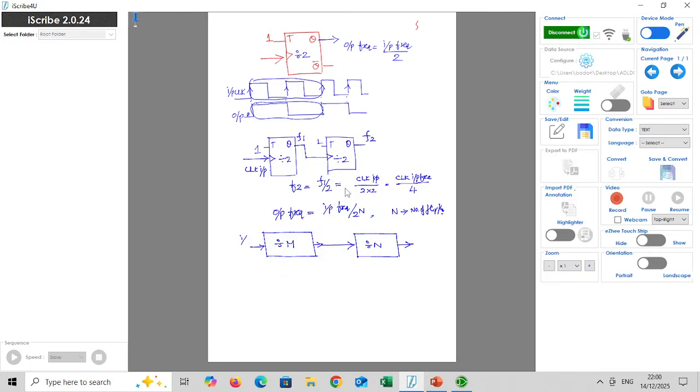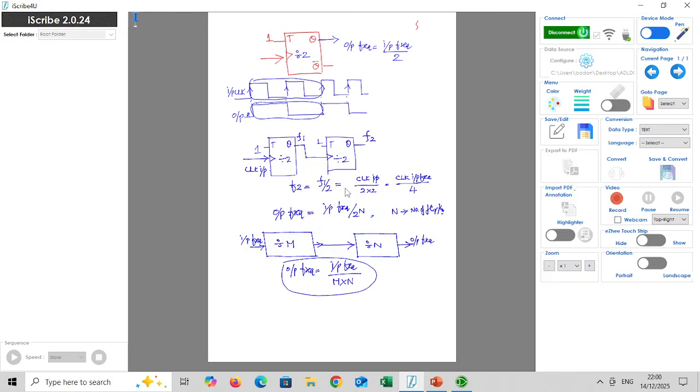If they are cascaded, then the output frequency is always given by the input frequency divided by m into n. This is the formula we use to find the output frequency when two counters are combined and each has a different mod value.